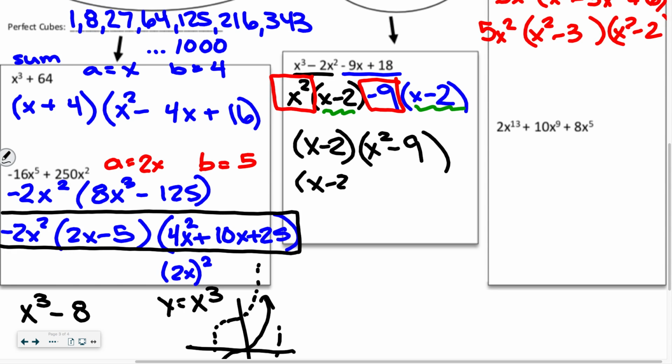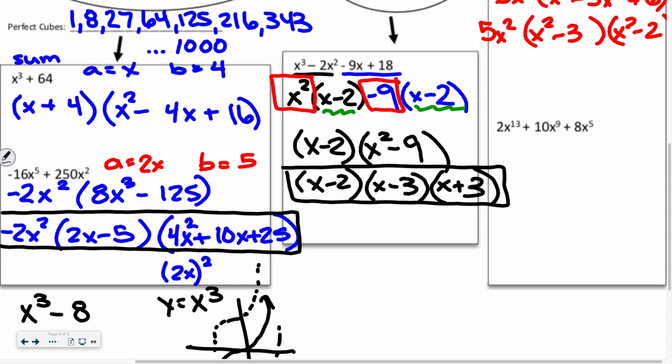So this is going to be x minus 2 times x minus 3, x plus 3. Doesn't matter what order you put those. So with polynomials, you've always got to do that extra check at the end.